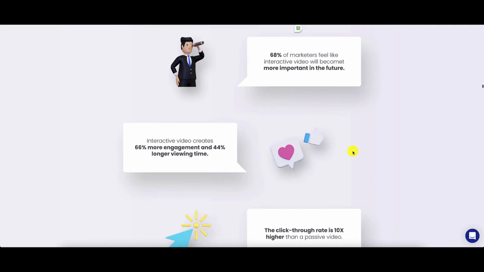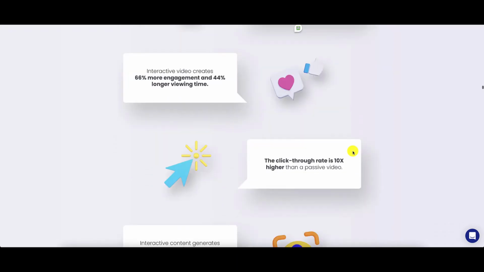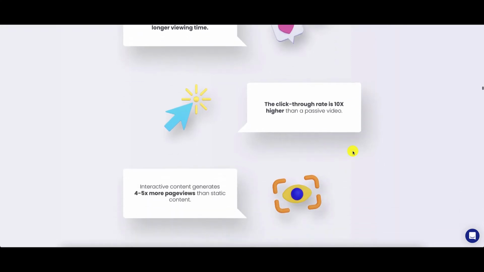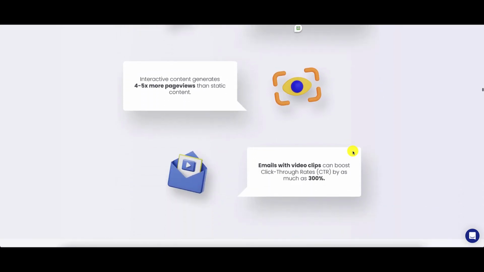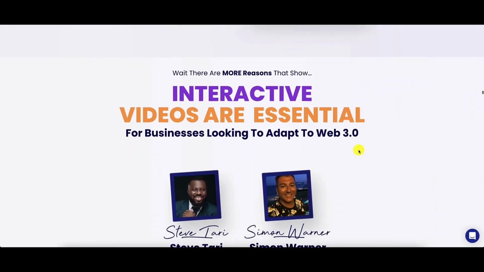And interactive video boosts your engagement up to 66% and increases your viewer time by up to 44%. And click-through rate is 10x higher than passive video. And interactive content generates 4 to 5 times more page views than static content. Emails with video clips can boost your CTRs by as much as 300%.